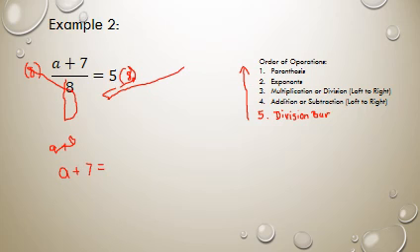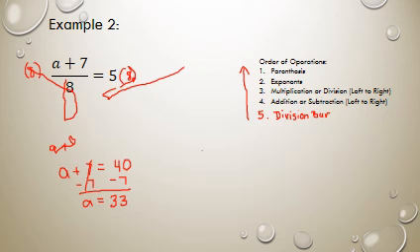And then on the right side, that gives us 40. All right, so now I've got a simple one-step equation right here. So I'm trying to get the a by itself, so we need to get rid of that plus 7. To get rid of the plus 7, we subtract 7. 7 minus 7, that gives us 0, so those cancel out. We're left with a equals, and then 40 minus 7 gives us 33.